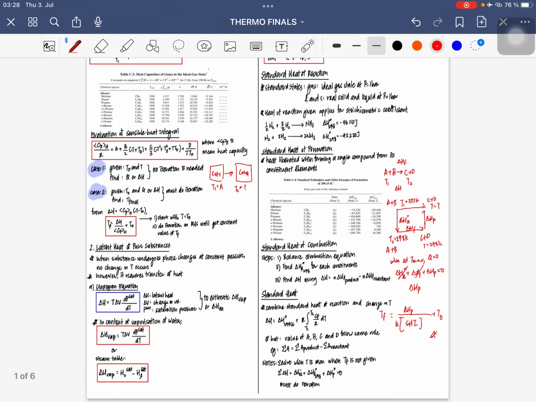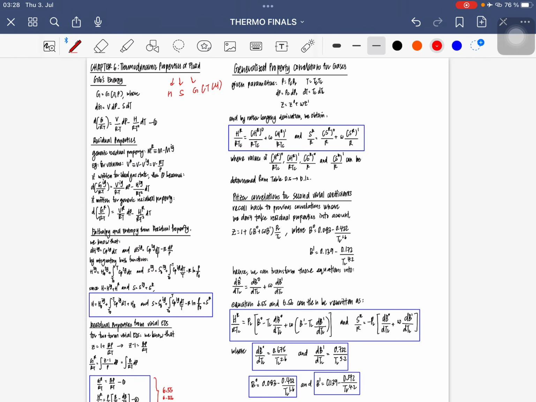Entropy, what is the formula again for entropy? For ideal entropy, it's Cp Ig over R dT over T plus R ln P over P naught. This is T1 to T2, and then H is just from before. So these are your thermodynamic properties, and this is your Gibbs free energy.